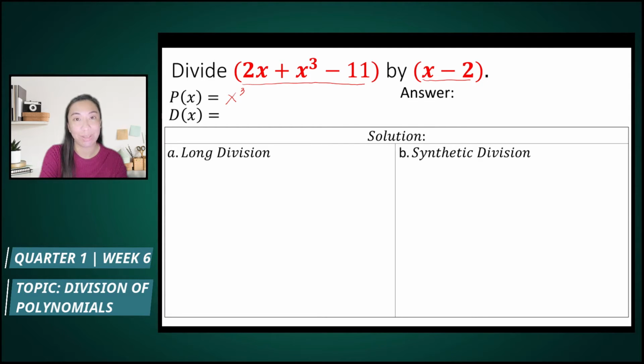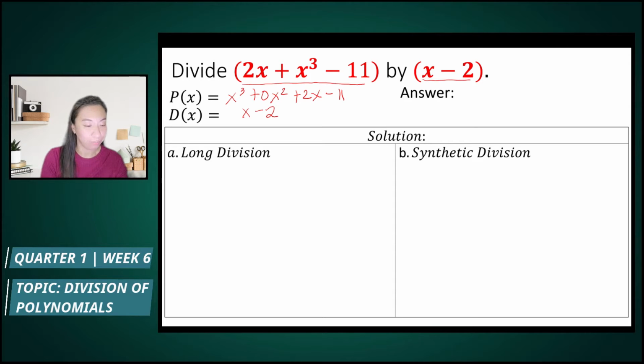Since in the given there is no x squared, we have to add x squared. However, its coefficient will be equal to 0. So plus 0x squared, followed by x, so we have plus 2x, and then the constant, which is negative 11. So our dividend is now x cubed plus 0x squared plus 2x minus 11. Next, our divisor is x minus 2.